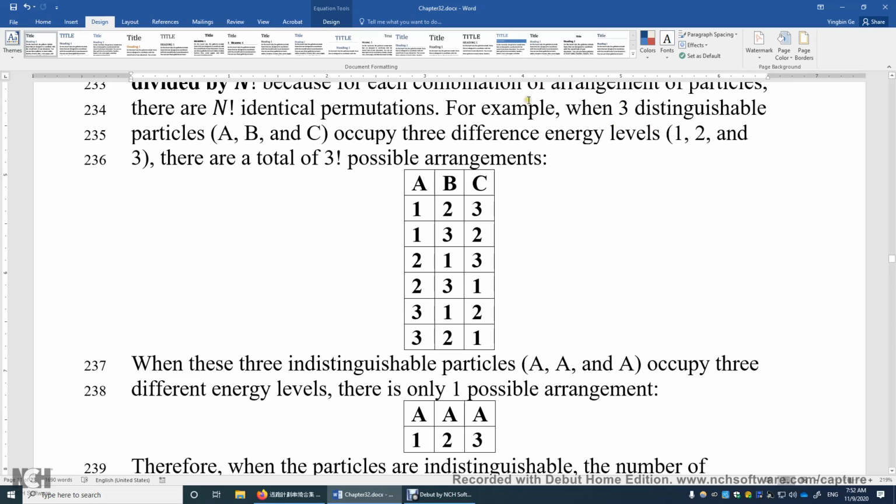So this is a very important concept in probability theory, between distinguishable particles and indistinguishable particles. It's also very important in thermodynamics.